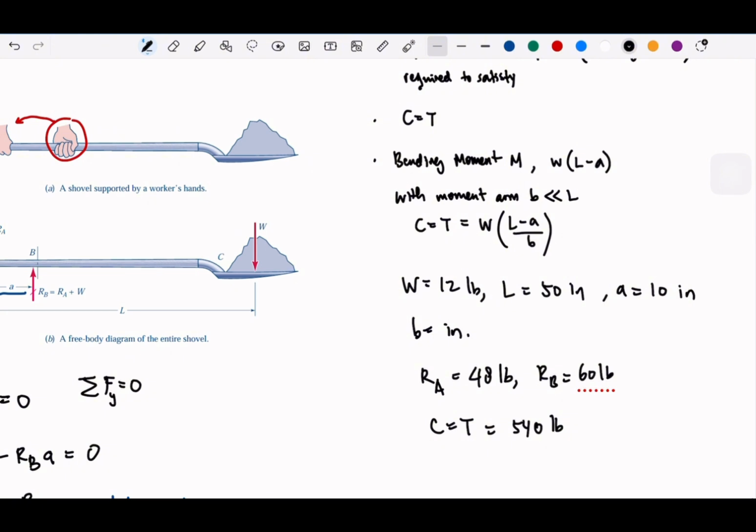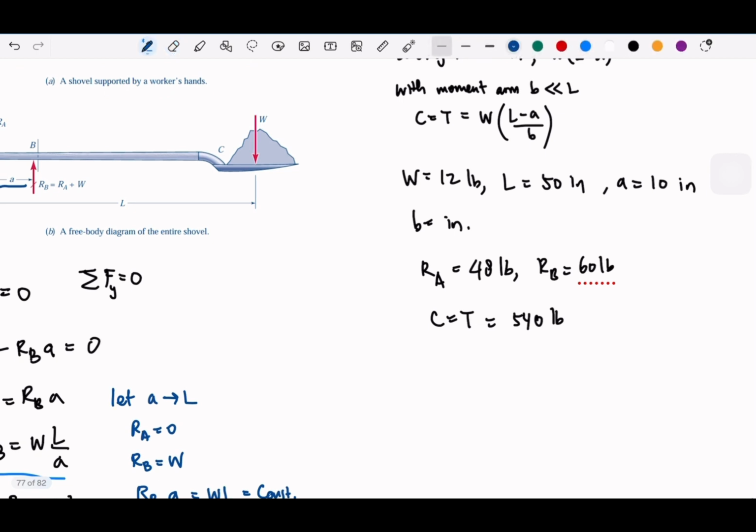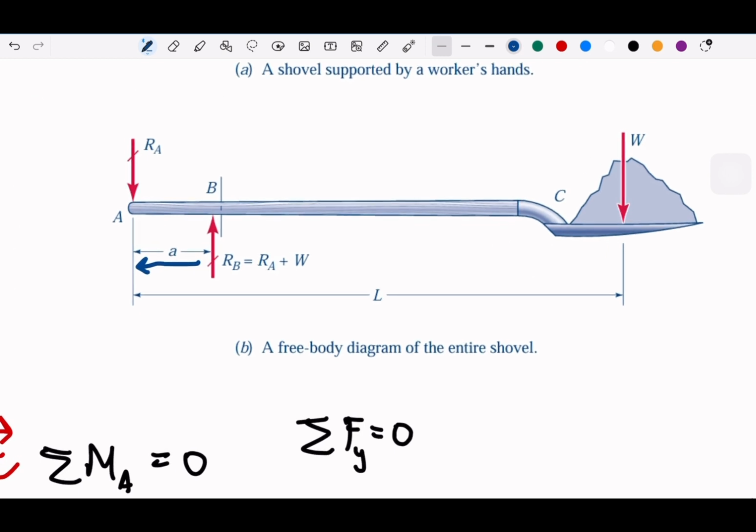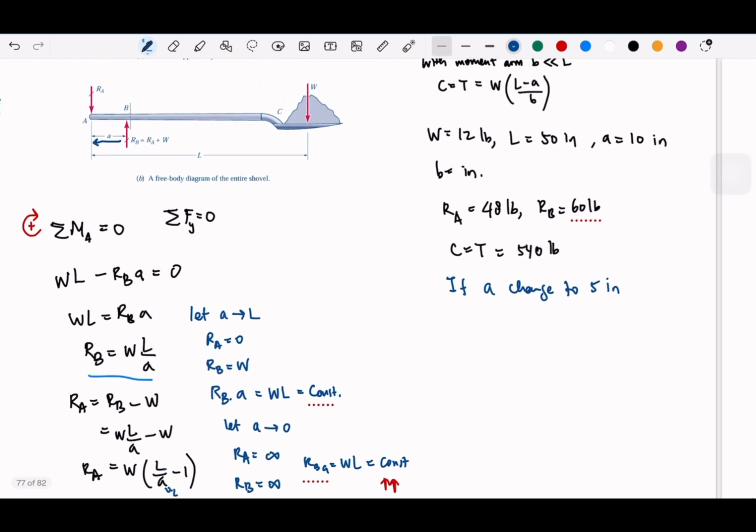Using these numbers, we can see that only a few workers can hold the shovel if A is less than 10 inches, because it's going to be pretty heavy, right? If A changes to 5 inches, which means we are reducing it, as we can imagine, it is going to be very heavy.